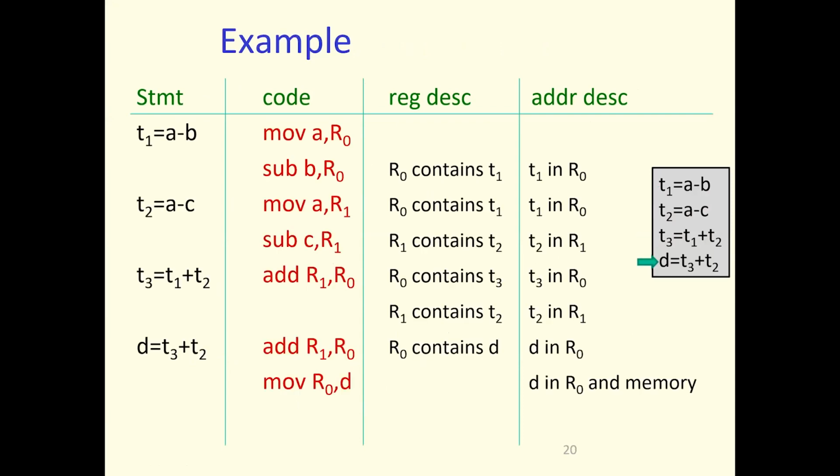Yes, I think this is the example. A to R0, A to R1. So instead, move the A to R1 before the subtraction. Not only will you move this instruction, you will also do an optimization where, instead of saying move A to R0, you will say move R0 to R1. So basically you will create two copies of A, because there are multiple usages.